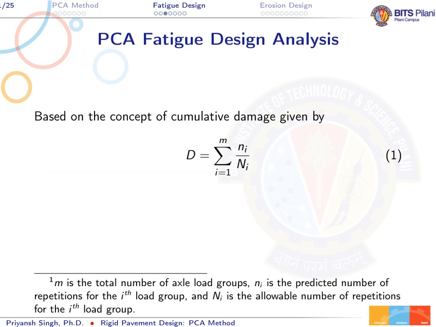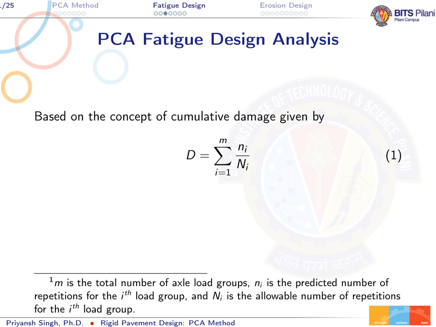PCA fatigue design analysis is done based on the cumulative damage approach. Suppose you have m different classes of vehicles, and let's suppose i is a class of vehicle. Then for the ith class of vehicle, small ni is the number of passes actually happening on the pavement slab, and capital Ni is the number of passes which can be sustained by the pavement slab.